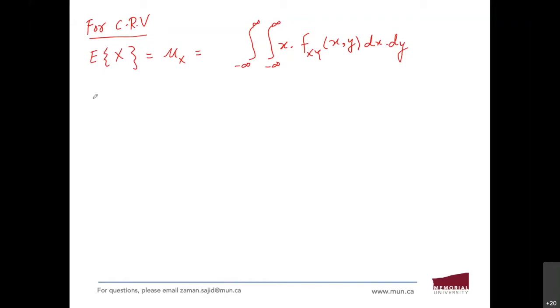Now in case of the expected value of y variable, we have mu of y. In the same scenario, the y value needs to be multiplied by the joint probability distribution of x of y.